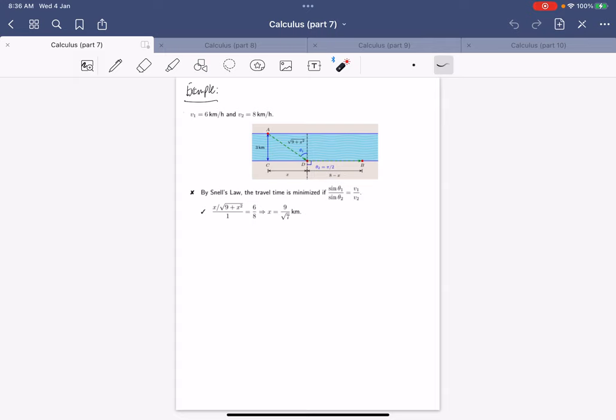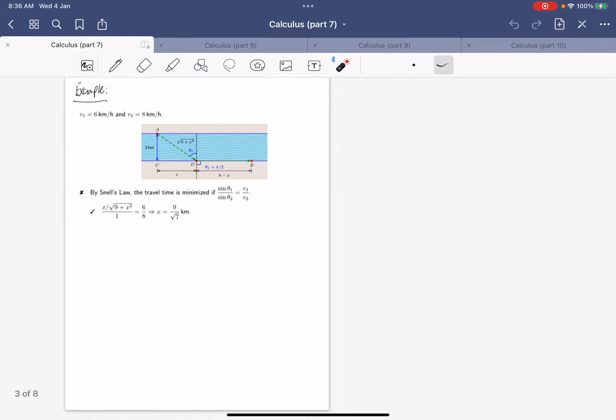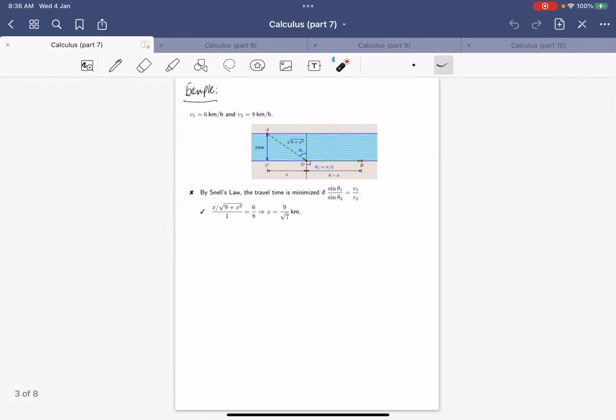Hope you have understood this, and basically these two questions are just a few types of problems that you can do with optimization. There are much more applications, and you can read all about it on the web or in the textbook.